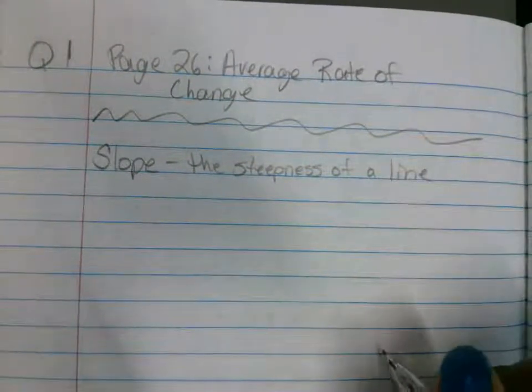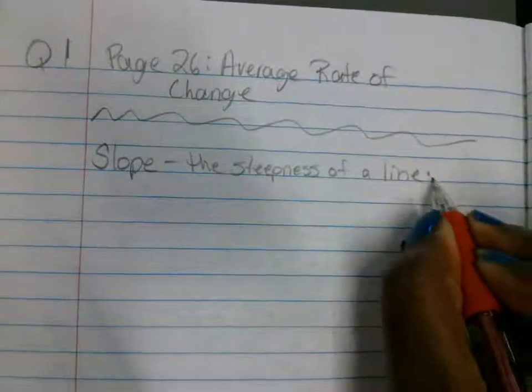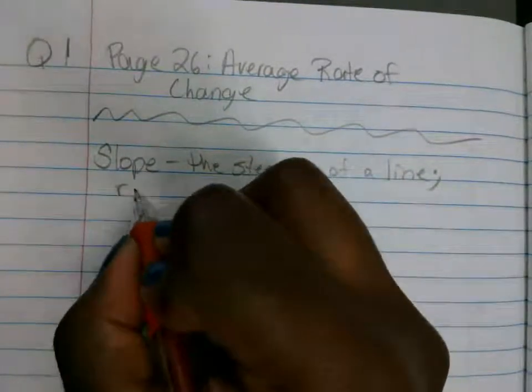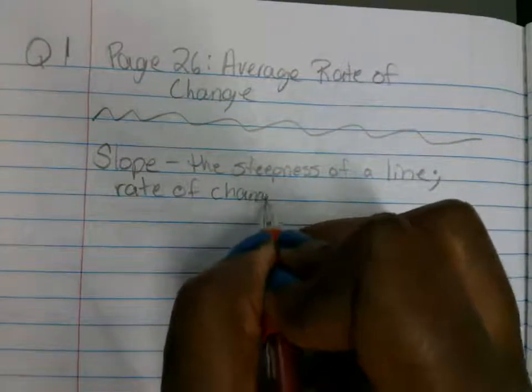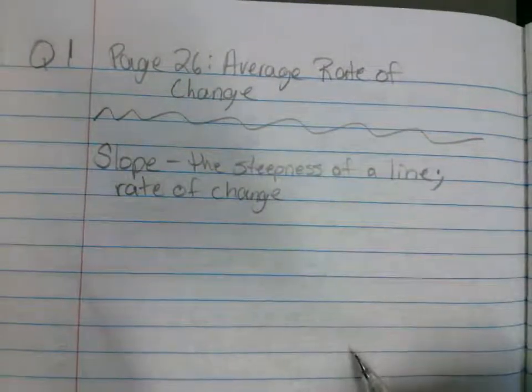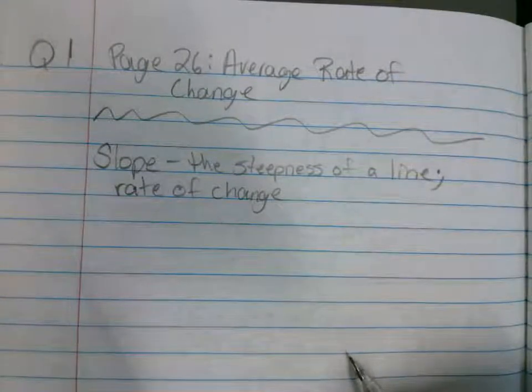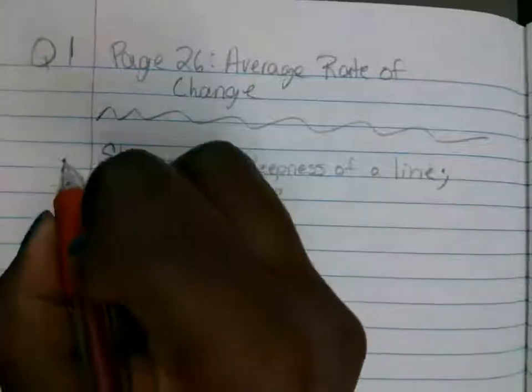Another word for slope is rate of change. The letter that we use to represent slope is M.